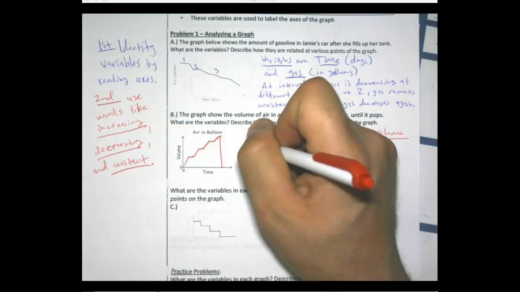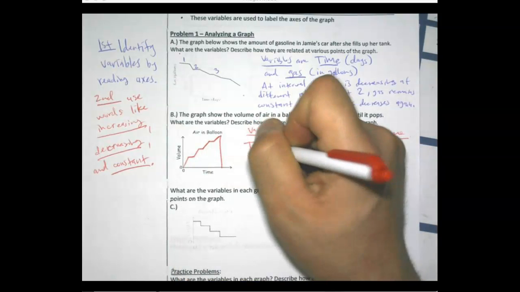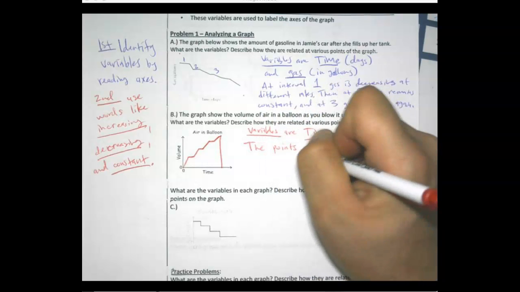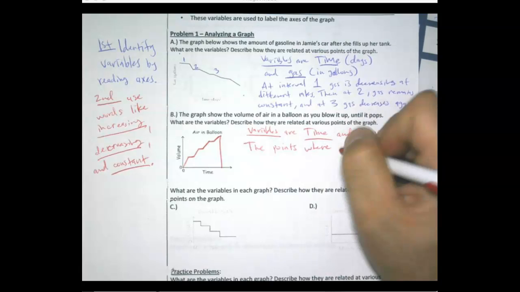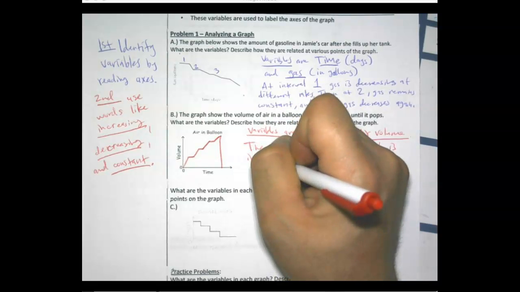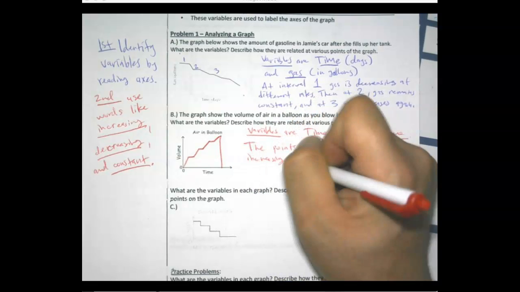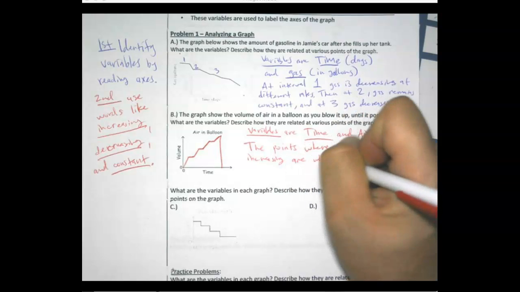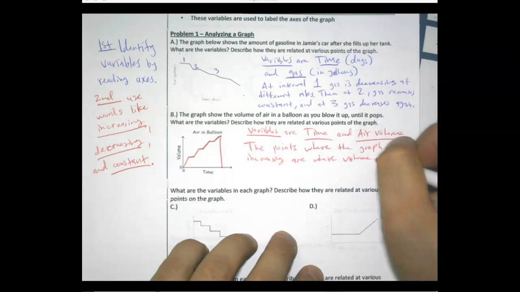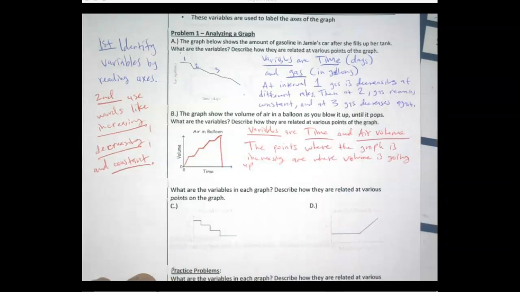So the points where the graph is increasing are where volume is going up. You can word this however you like, just one example of how you might answer it.